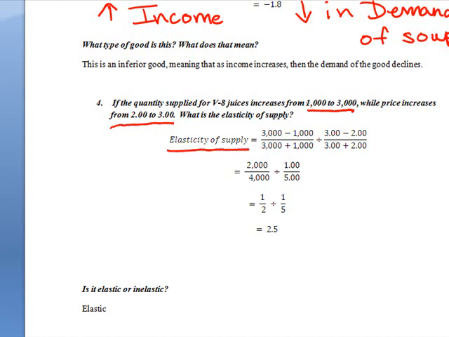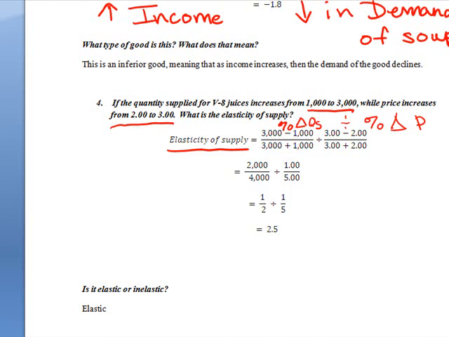So what I want to know is what's the percent change in quantity supplied divided by the percent change in price. So this is a QS there. Let's write this over there a little bit so it's clearer. The percent change in quantity supplied over the percent change in price.